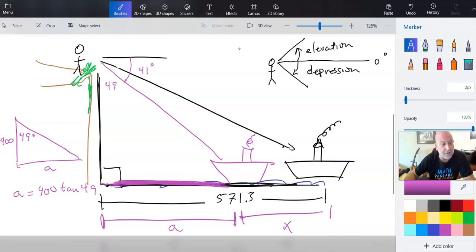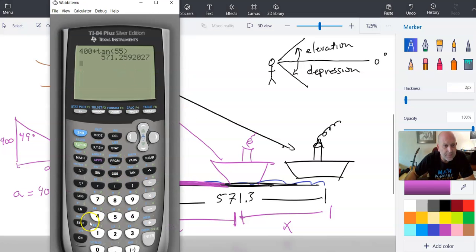Okay, so 400 tangent 49, and boom. So that's 460.1.